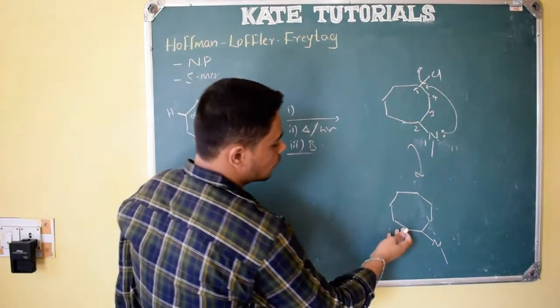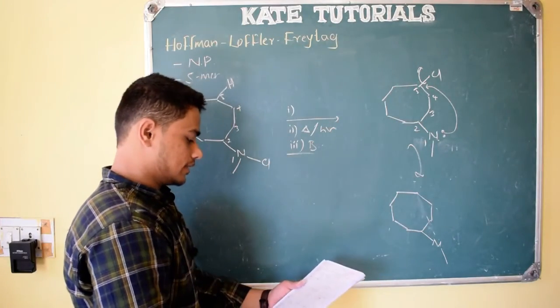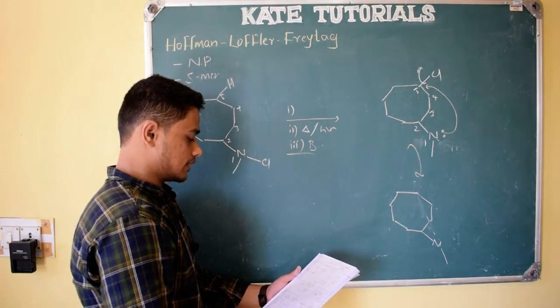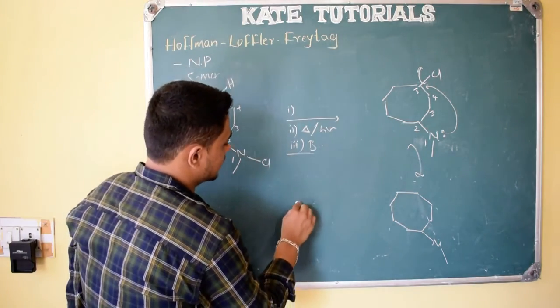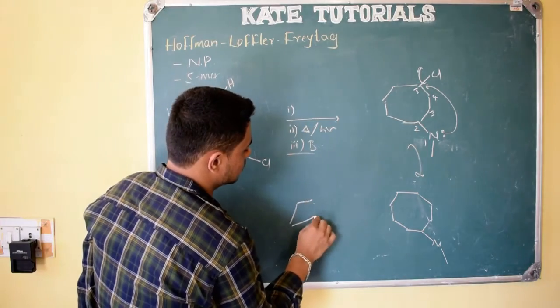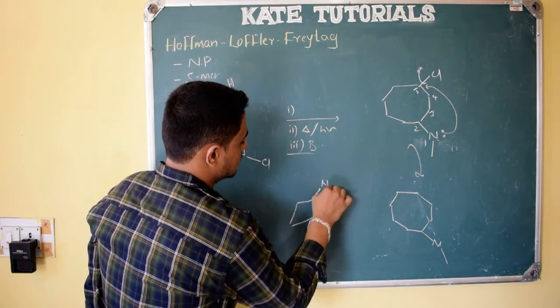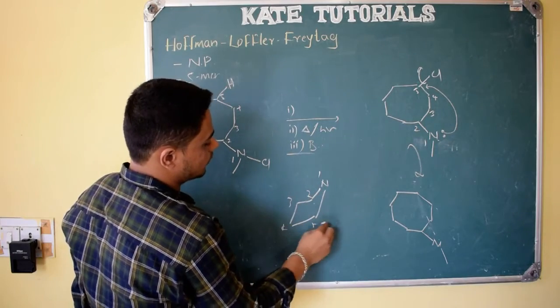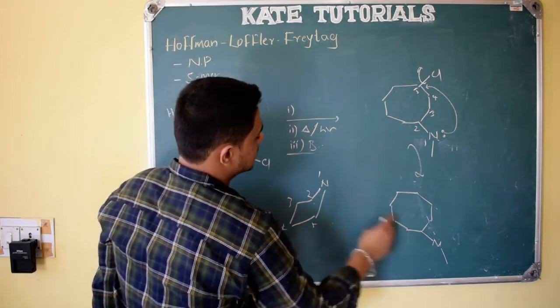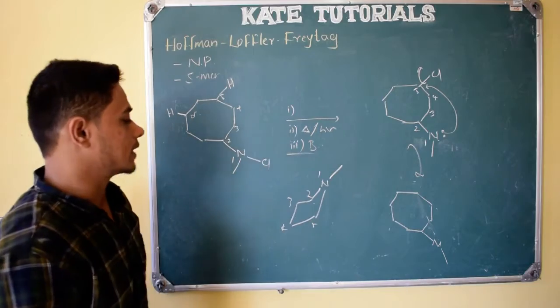So how to show that 5-membered ring? I have shown here. Let us see. Yeah, they will show it like this, a 5-membered ring. Like this also we can show. See, this is 1, 2, 3, 4, 5, a 5-membered ring. Nitrogen is having methyl, so I am showing methyl here.